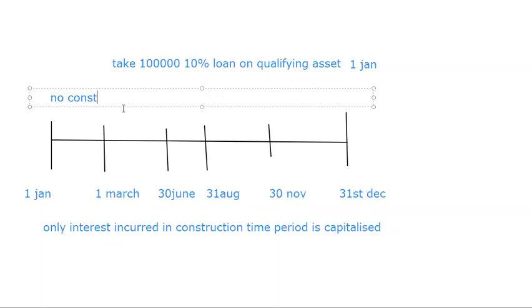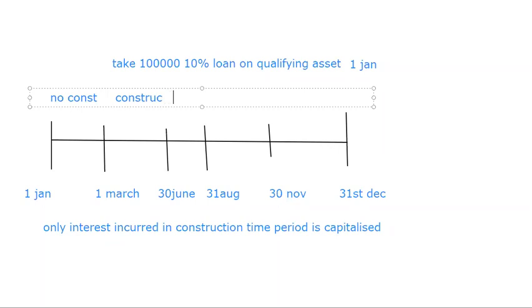We started construction on 1st of March. So this is construction time period, from 1st of March to 30th June.